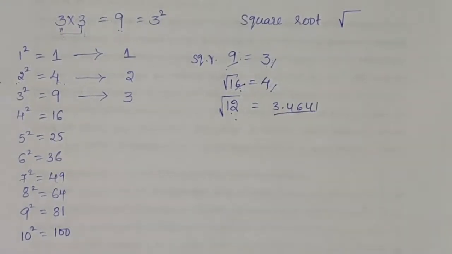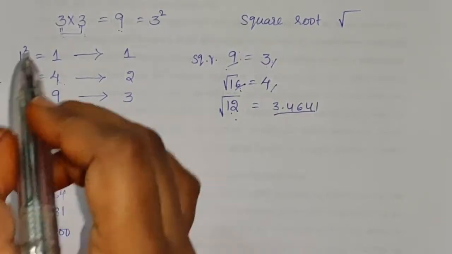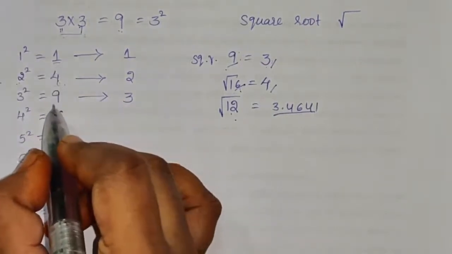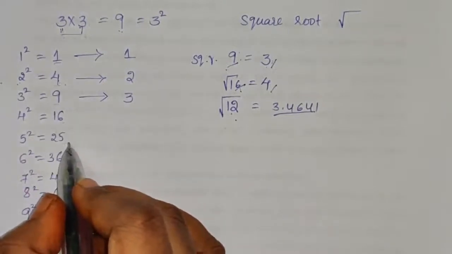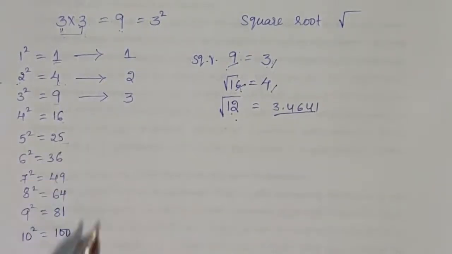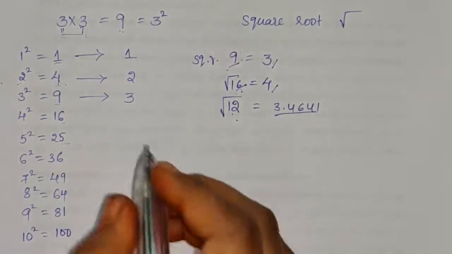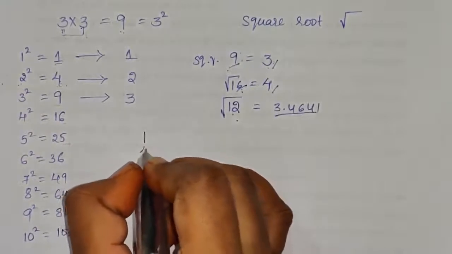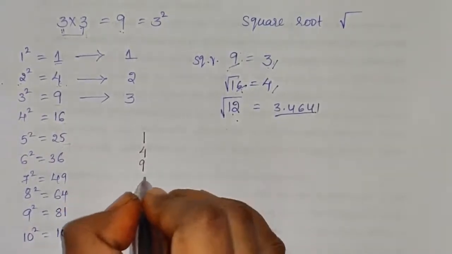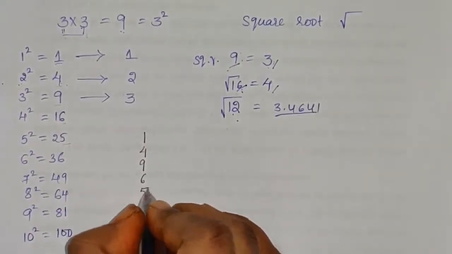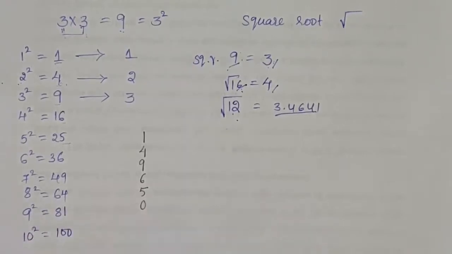From all these, what do you observe? A perfect square number should have 1, 4, 9, 6, 5 and 0 only in the units place or ones place. The remaining numbers are repeated.